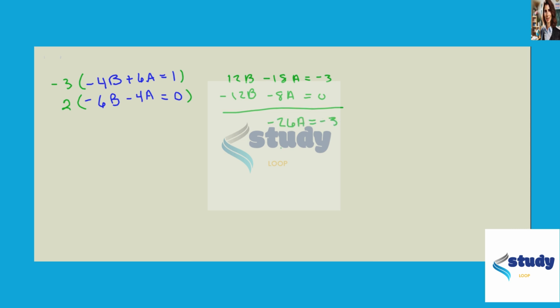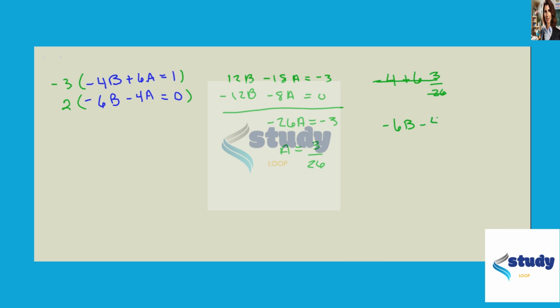And then I plug that back into my equation. Actually, I'm going to use the other equation where it equals 0. It's a little easier. Negative 6b minus 4 times 3 over 26 equals 0.